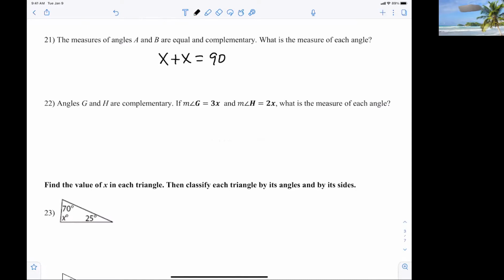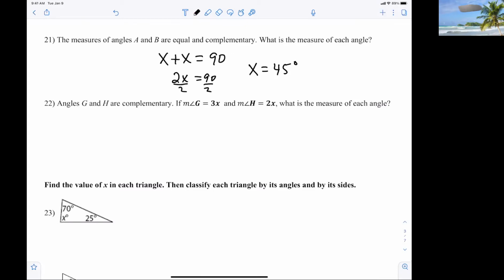No, I'm asking you, what's x plus x? 1x plus 1x. Say it. 2x, good. And now we would divide this by 2. So you see what I'm showing you? If you forget or you didn't know, that's the math, right? Both angles are equal. So that means x equals 45. And we'd say 45 degrees.